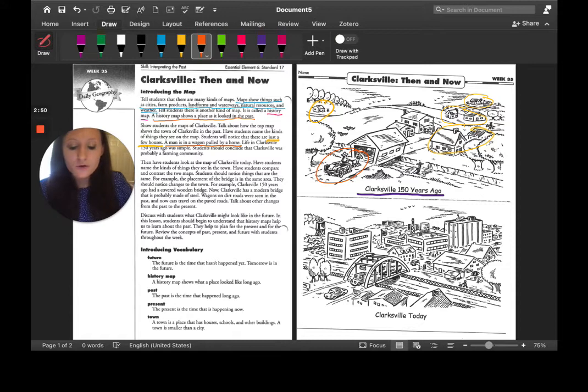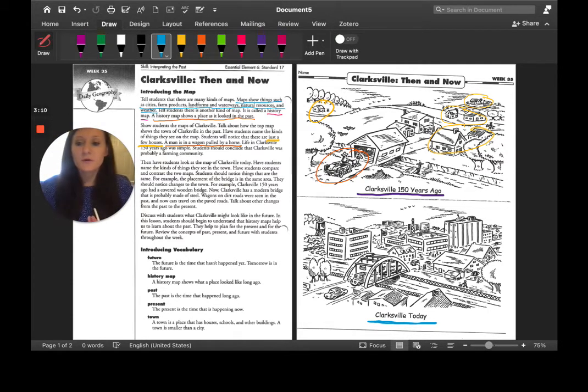Now we're going to take a look at the map of Clarksville today. We're going to be looking at the bottom map, and it says Clarksville today. On this map, we're going to name the kinds of things that we see in the town, and then we're going to compare and contrast.